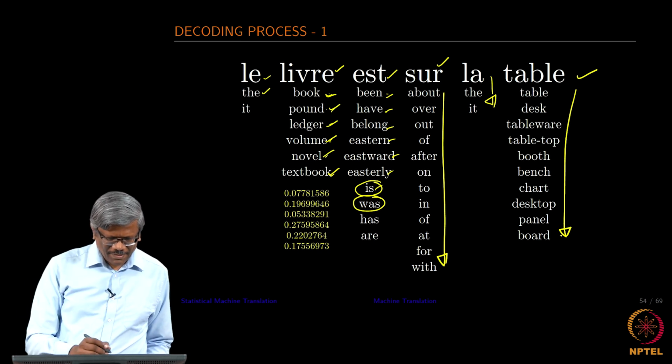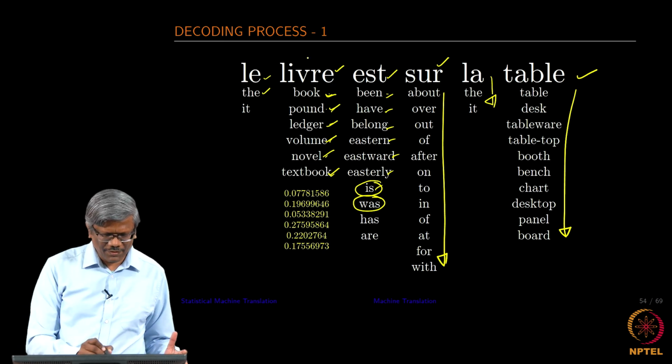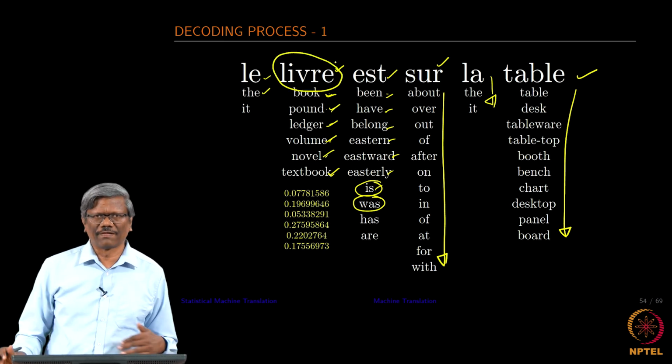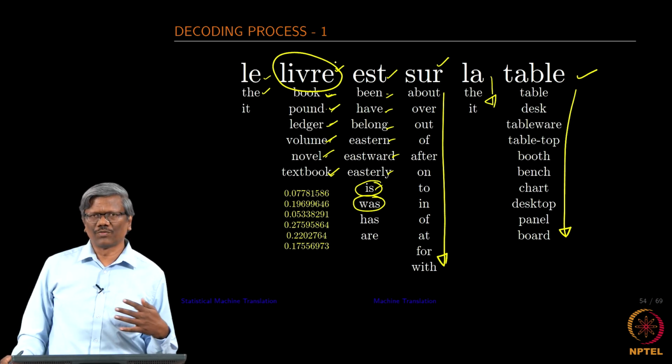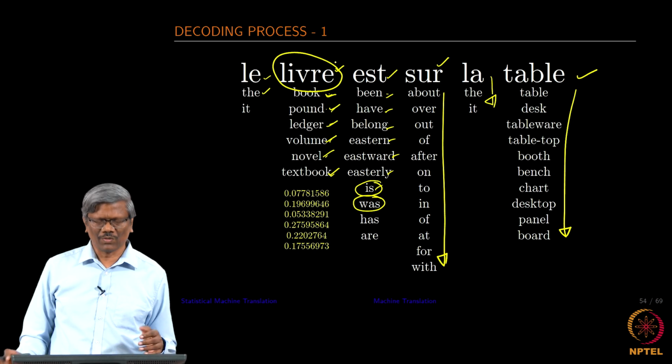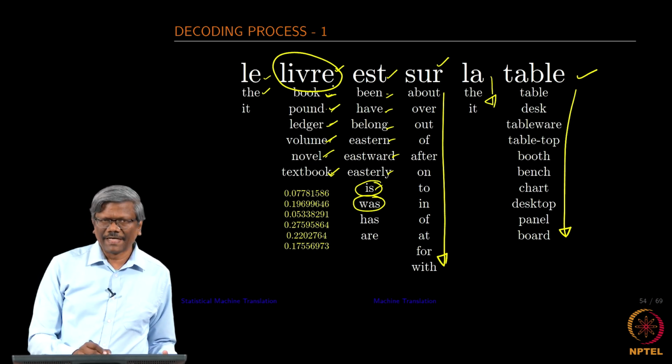So, what happens is if you have a huge collection and this word is used in several contexts, right. It could be a book, it could be a ledger, it could be a novel, or it could be a textbook and so on. The context varies every time.